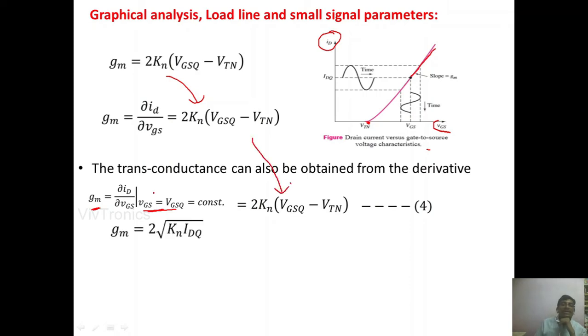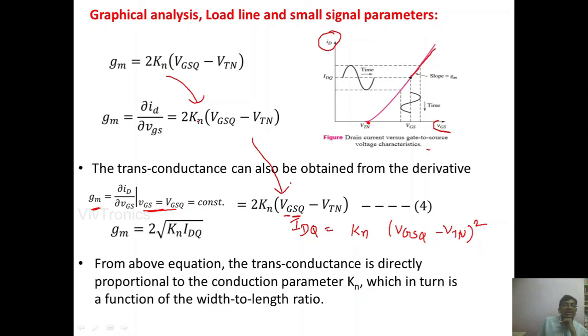Therefore, we can write the above equation like Gm is equal to 2 into square root of Kn into IDQ, because we know from equation number 3 that IDQ is equal to Kn into (VGSQ minus VTN) whole square. That is the value of the IDQ current. So this Gm can be written as 2 into square root of Kn into IDQ.